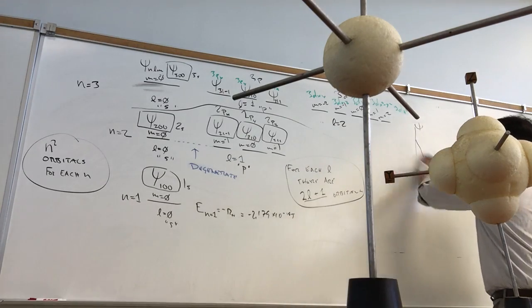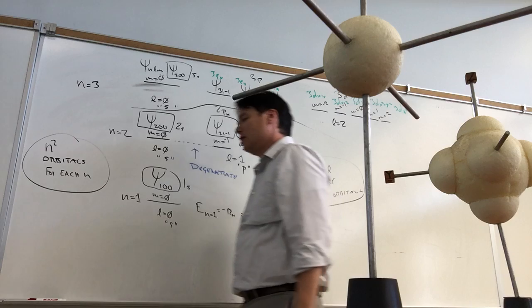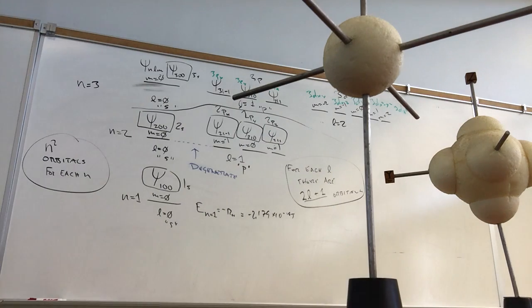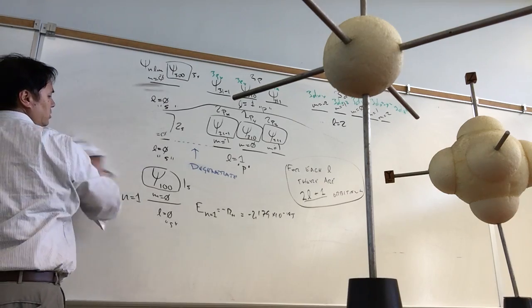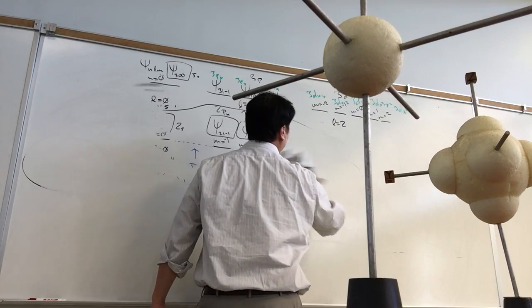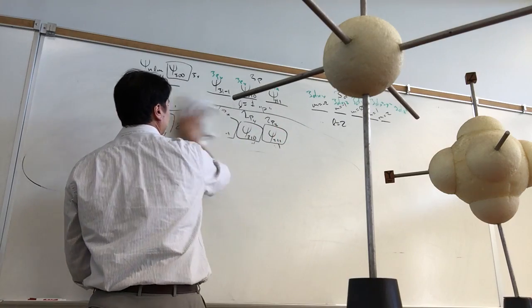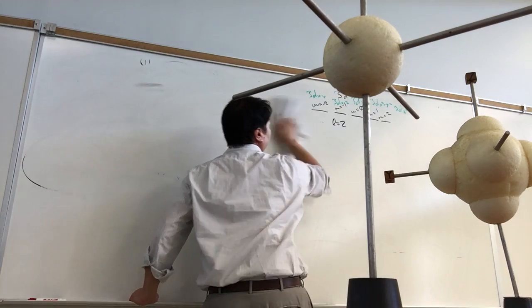So by following these mathematical patterns, we aren't actually solving the Schrodinger equation. We know that the answers to the Schrodinger equation follow these mathematical patterns or restrictions. And so by following this, we can generate the entire energy level diagram from n equals 1 to n equals infinity. It would just take a lot of time.